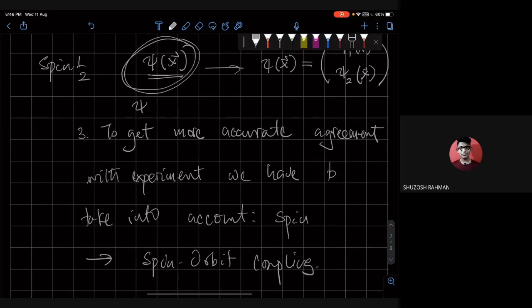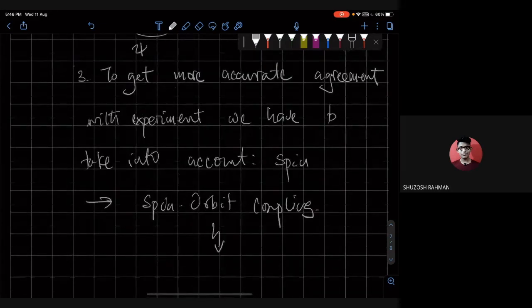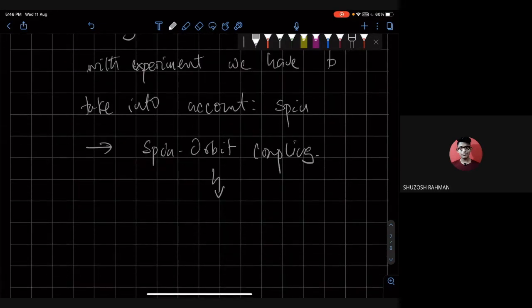So what is spin orbit coupling? Orbital angular momentum is always integer. But spin angular momentum, if it's spin half, is going to have half integer values.